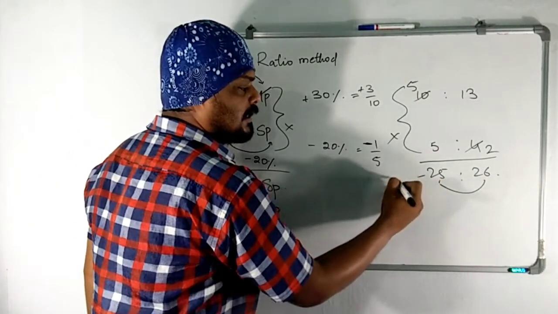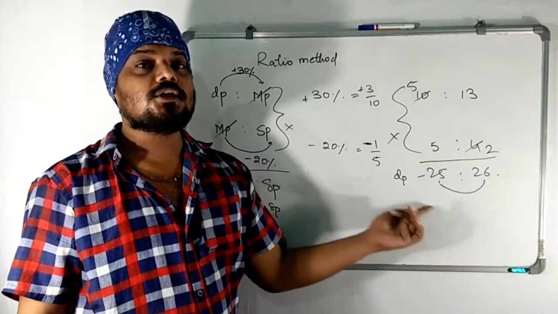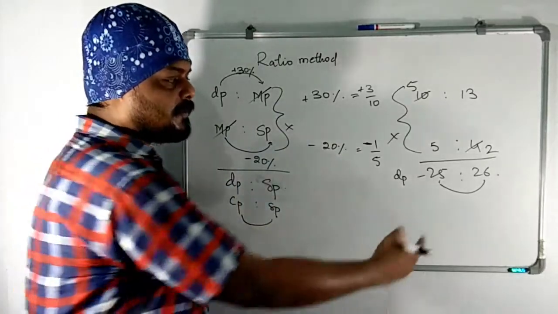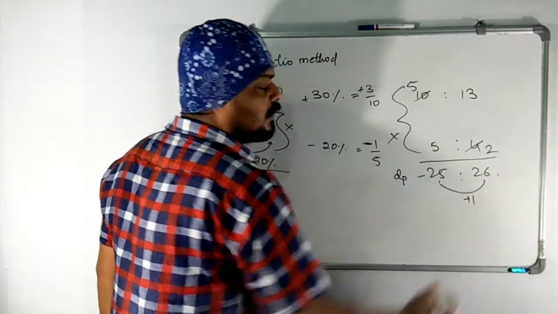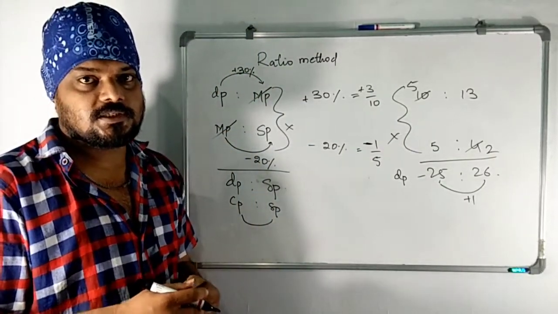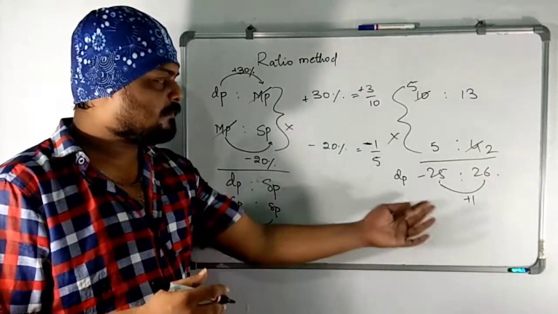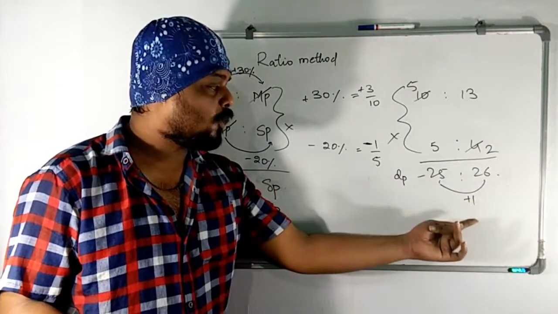Now let us consider decided price as 25, and how many units did he get more than the decided price? Here, if we see the difference between decided price and selling price, he got 1 unit more than decided price, isn't it? So here let us compare them and try to convert them into fraction. Here 1 unit more upon what?